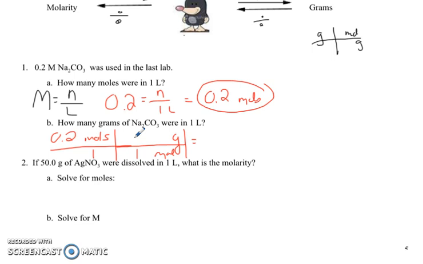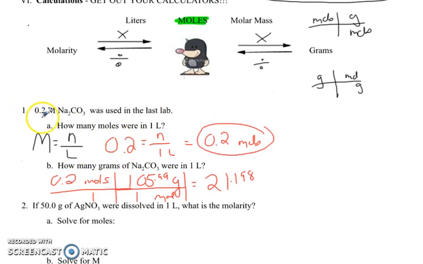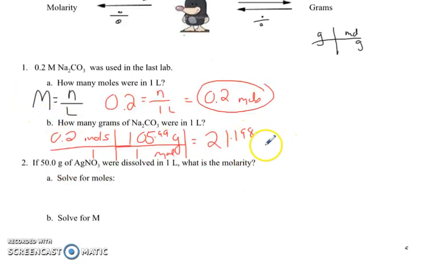You're taking sodium plus carbon plus oxygen, and you should get 105.99 grams per mole. So we're taking 0.2 times 105.99. You should get 21.198. That is too many sig figs. This actually is only accurate to about 1 sig fig. Yikes. So if we had to round that, this is going to be about 20 grams.